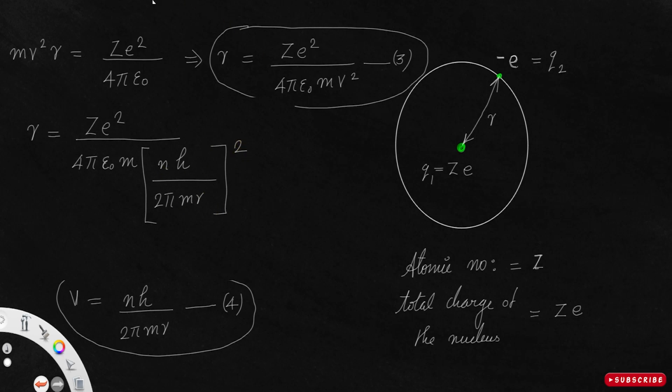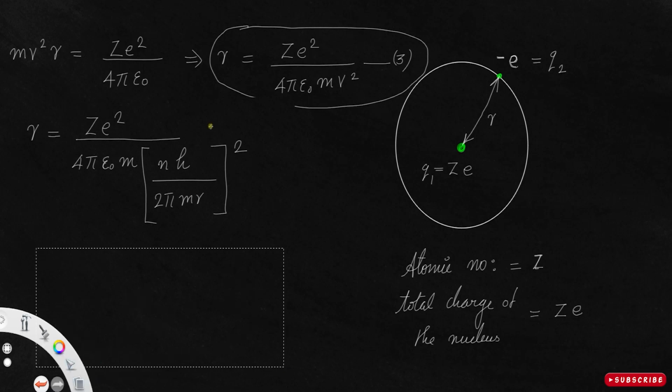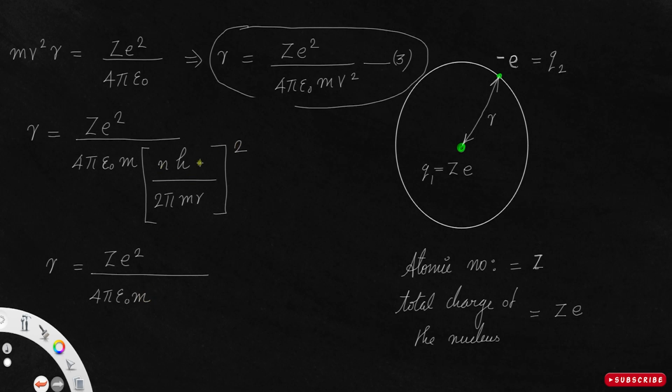Okay, so this will be r equal to z e square divided by 4 pi epsilon 0 m. I can square all these values, that is n square h square divided by 4 pi square m square r square. I can cancel this 4 from here itself.